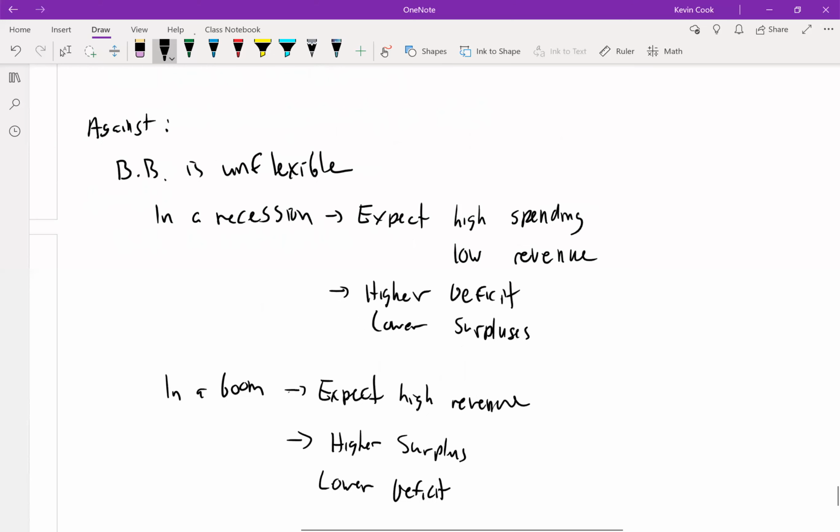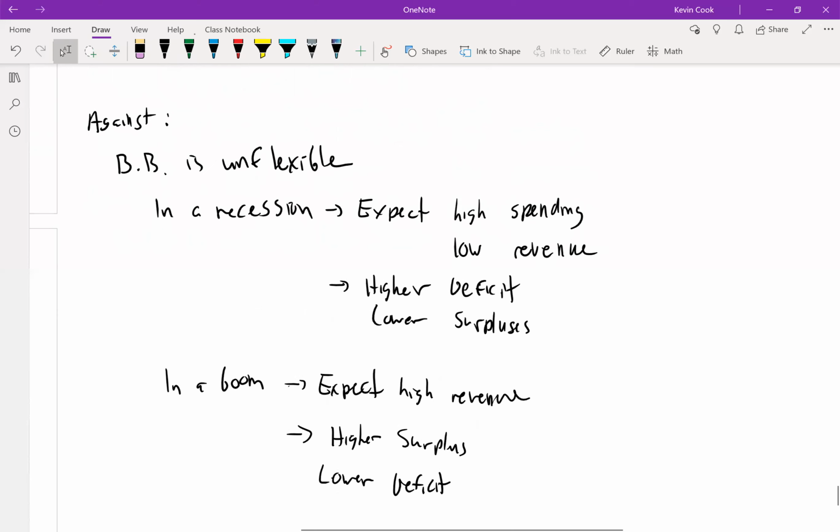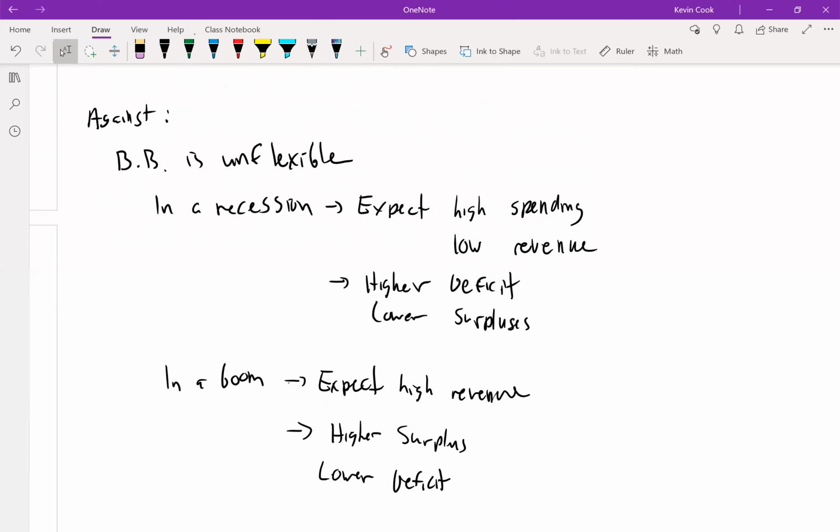Now, if I have to keep a perfectly balanced budget, this may be hard to do because I need that flexibility to be able to save for the future. So the big downside of the balanced budget is it doesn't allow for these types of behaviors.